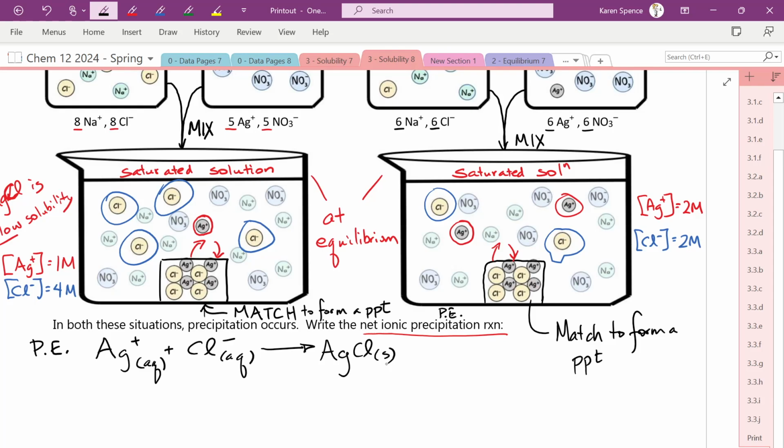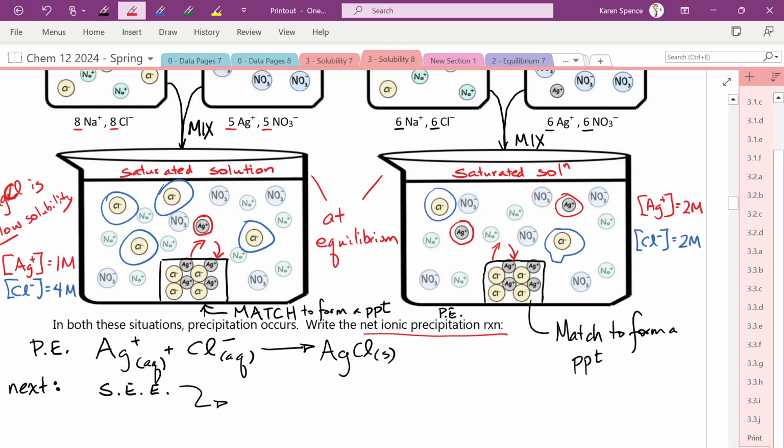And if it does form an equilibrium afterwards, which a lot of them do, we have to put the solid on the left. Okay, so next, we form the solubility equilibrium equation.